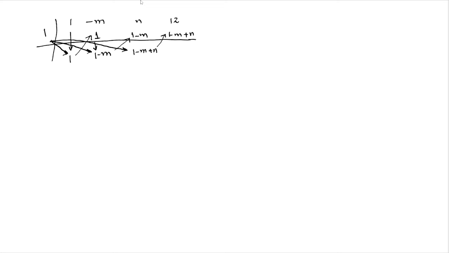So addition of the two will be 1 plus 12 is 13 minus m plus n. So this was the first remainder. Now this is the intermediate polynomial which we had represented with q of x. So we will directly do the further division.